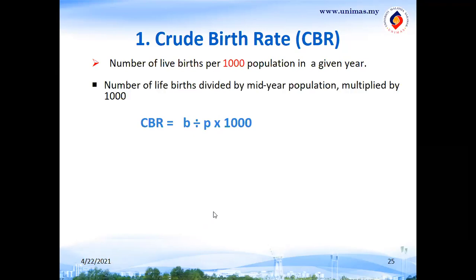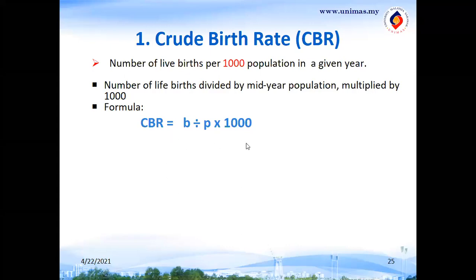So the crude birth rate, or CBR, will be equal to the number of births divided by the mid-year population. So the P here refers to the population of the country at mid-year, and multiplied by 1,000 because we are talking about the number of births per 1,000 population.